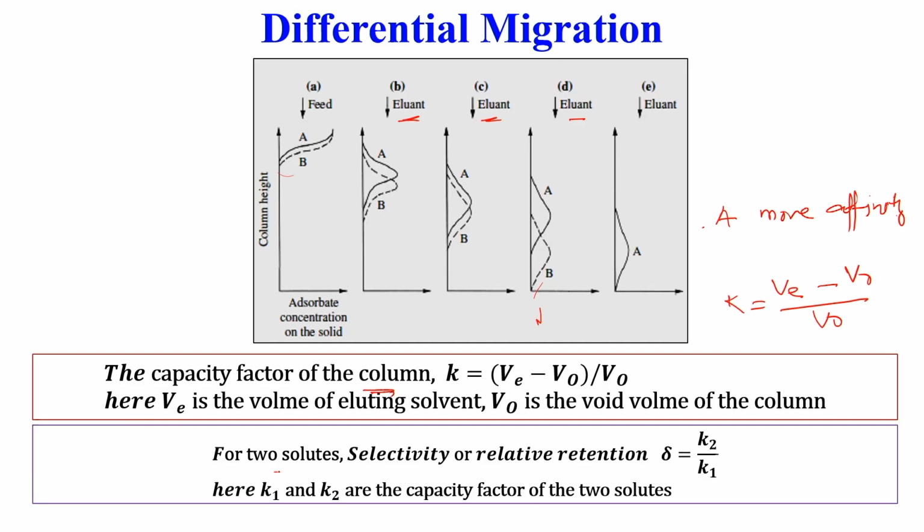And when you are using, let us say, 2 solutes, then you need to calculate the selectivity or relative retention, defined as K2 upon K1, where K1 and K2 are the capacity factors for the 2 solutes. In this way one can calculate the selectivity for 2 different solutes.